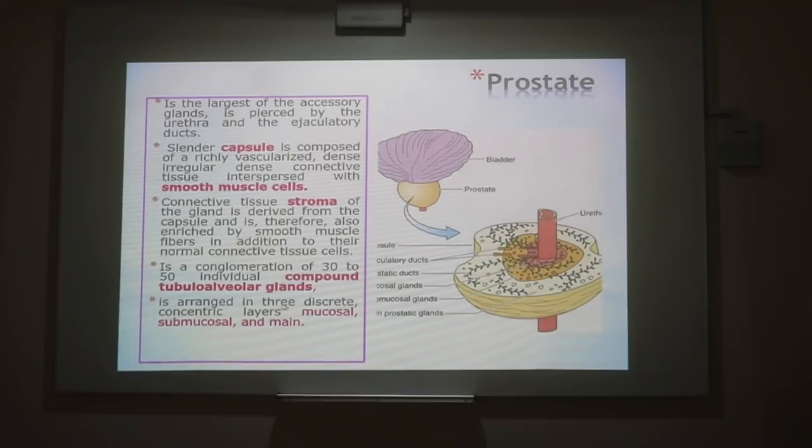So they are arranged in 3 discrete zones: mucosal, which are around the urethra, then the submucosal or intermediate glands, and the vast majority of the larger glands are present in the peripheral zone of the prostate. Between these glands, there is a rich fibromuscular type of stroma. So you have glands, and in between you have the fibromuscular stroma.